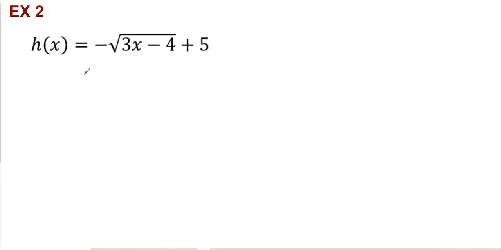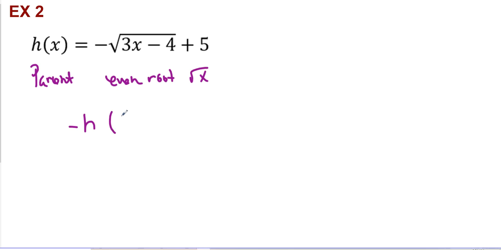Our next example, here we have another function. This is going to be our even square root function. So the parent is going to be an even root. Okay, it's going to be square root. F of x is equal to square root of x. So let's go ahead and get this cleaned up. We want to write this as a generic function. So I'm going to go ahead, and this negative is going to go in the front right here.